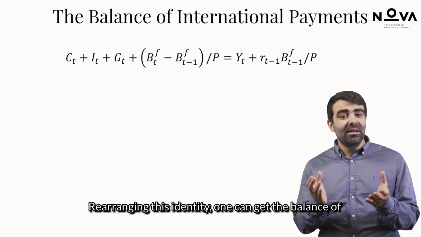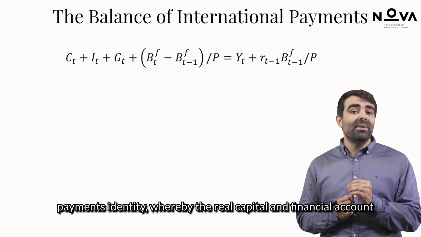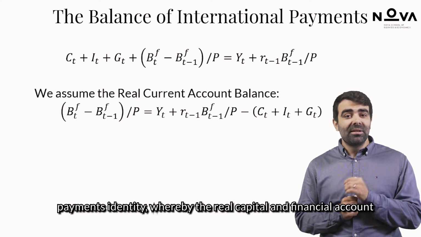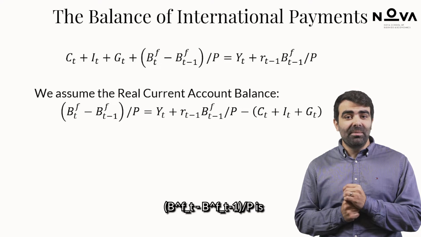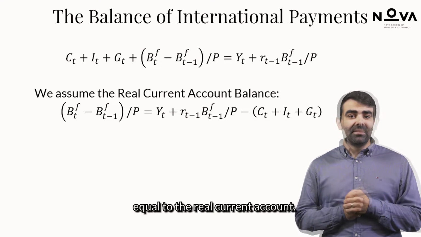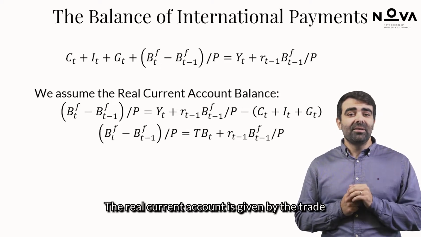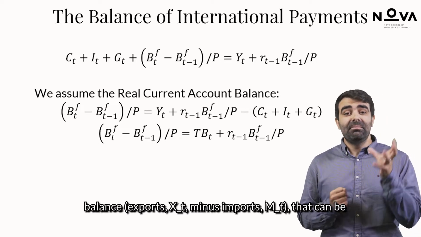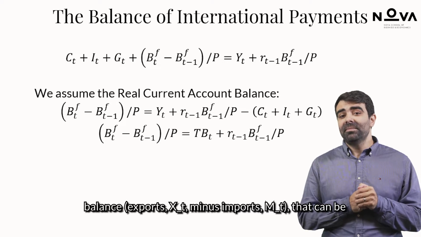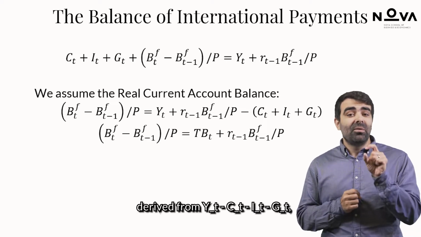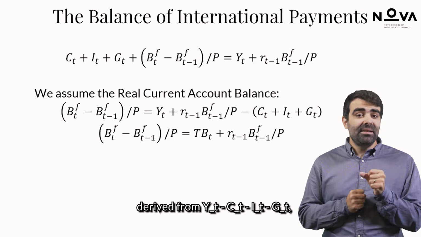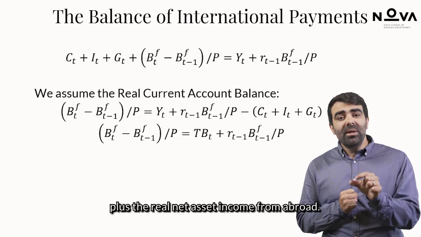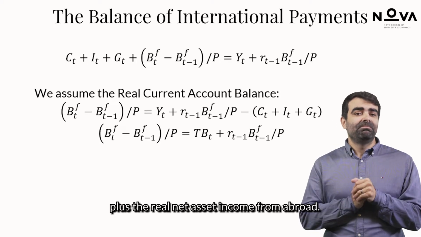Rearranging this identity, one can get the balance of payments identity, whereby the real capital and financial account, BF_t minus BF_{t-1} divided by P, is equal to the real current account. The real current account is given by the trade balance, exports X_t minus imports M_t, that can be derived from Y_t minus C_t minus I_t minus G_t plus the real net asset income from abroad.